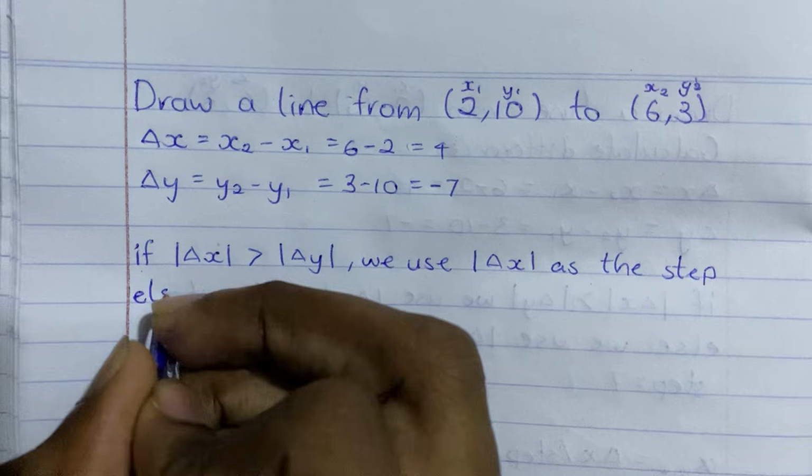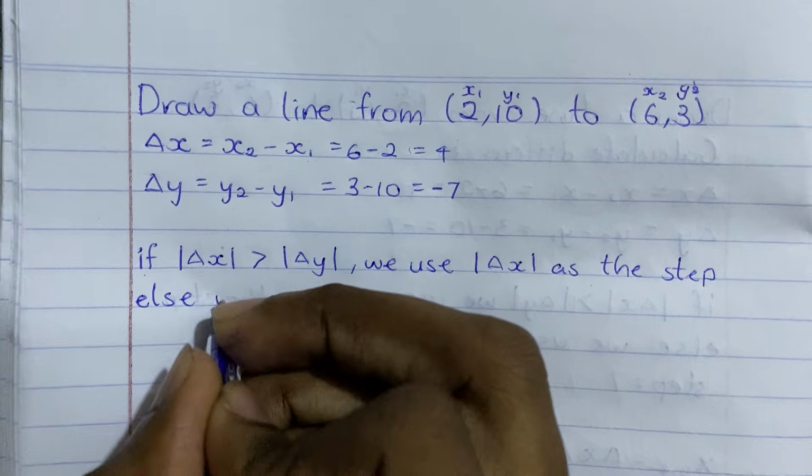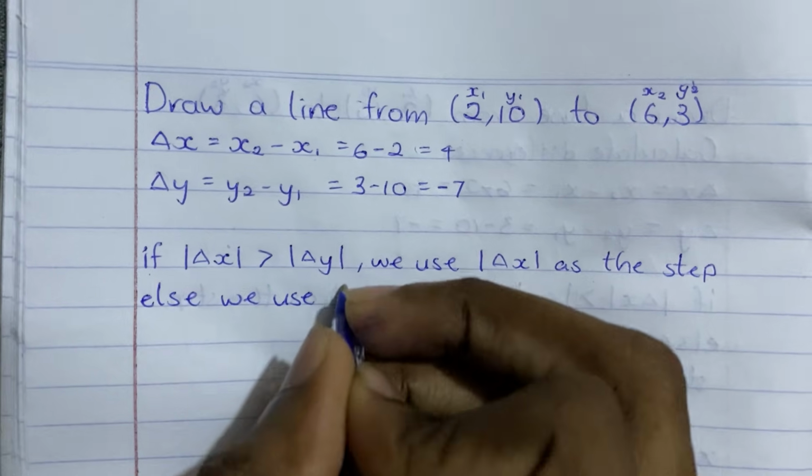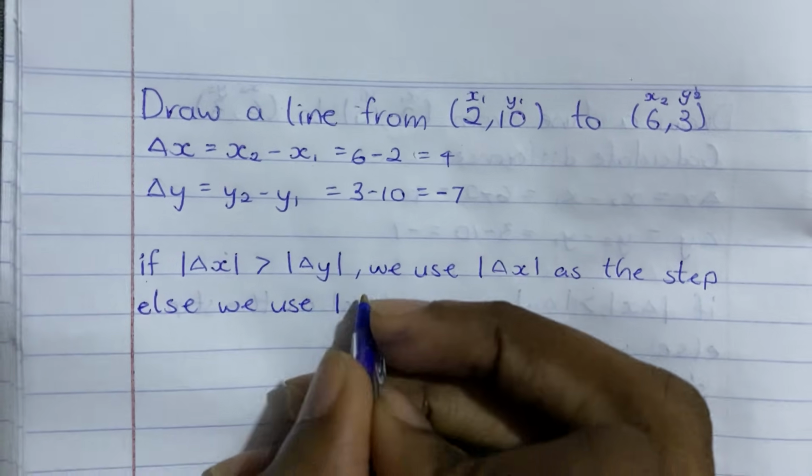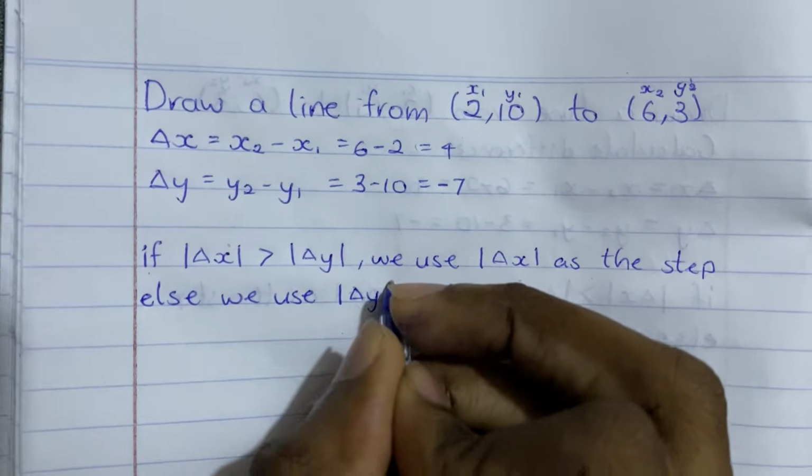Else, we use the absolute value of dy as the steps.